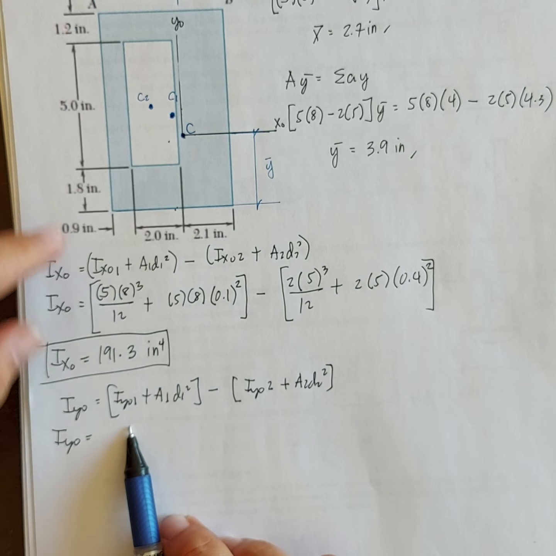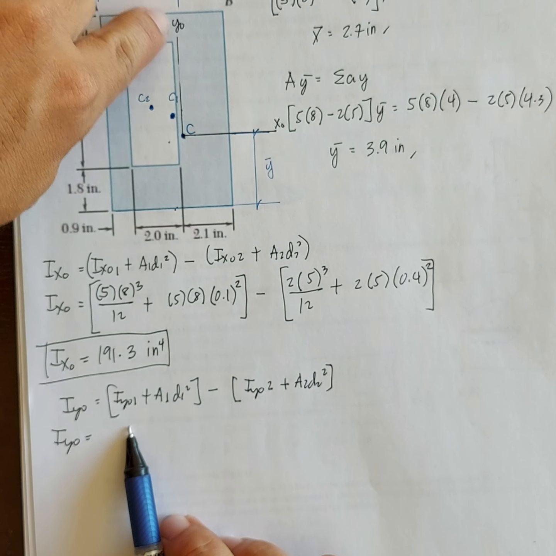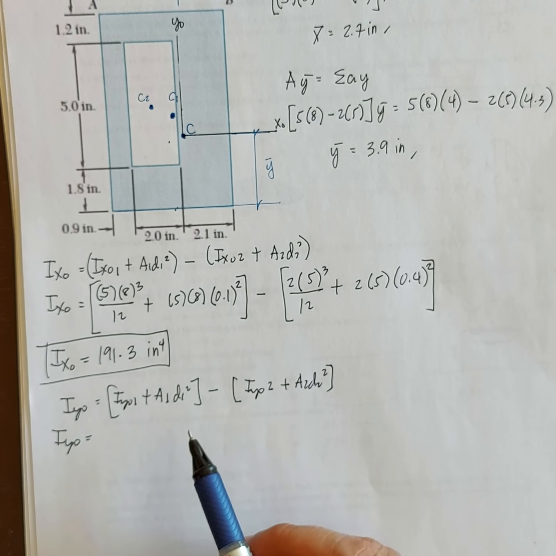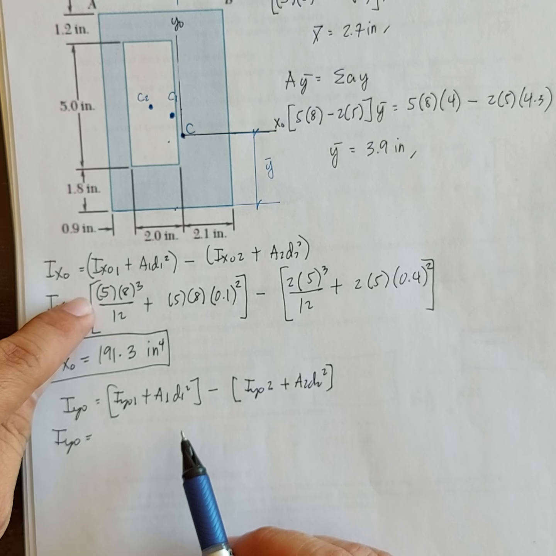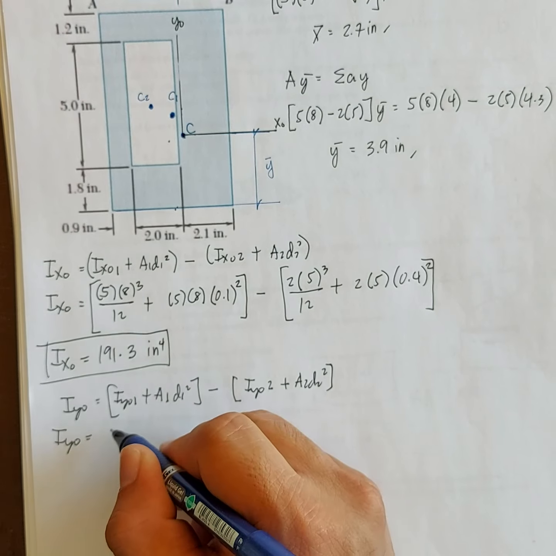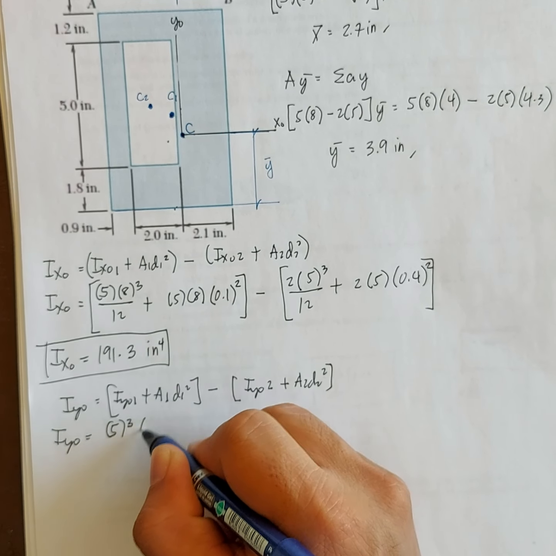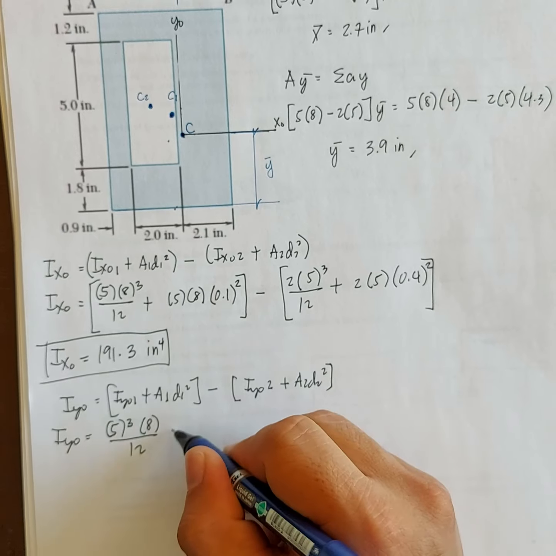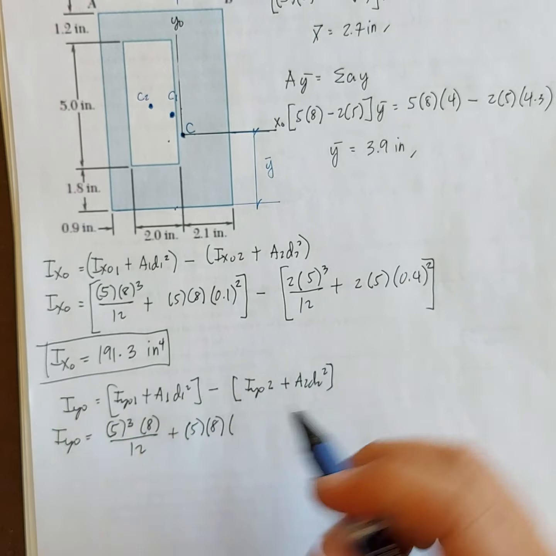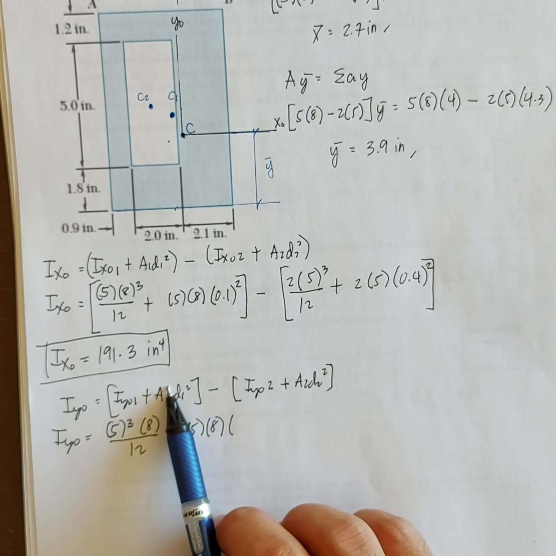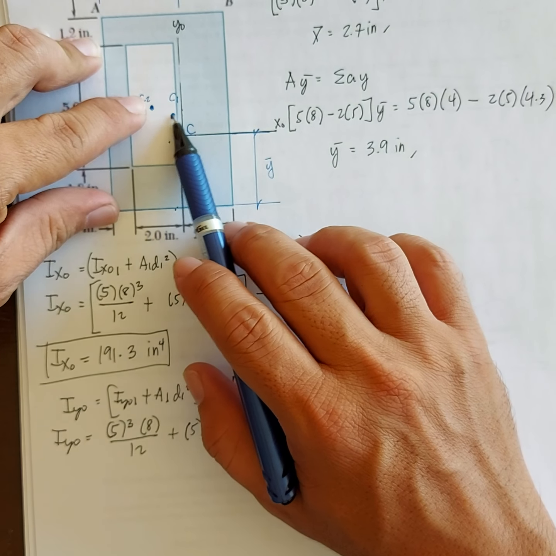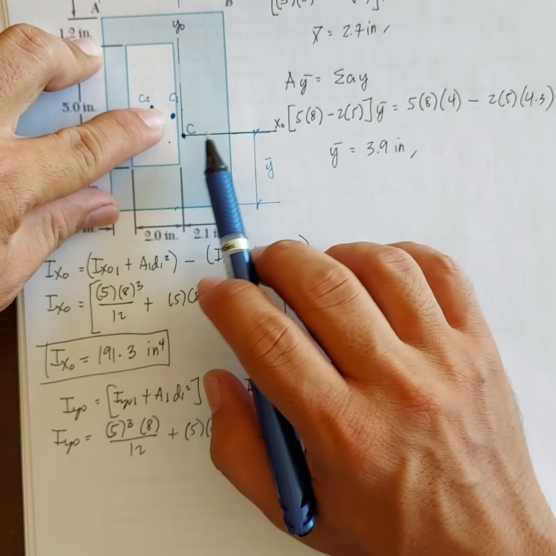So, ngayon naman sa may vertical axis tayo. Centroidal vertical axis. Baliktarin lang natin naman to, di ba? Pag sa rectangle, baliktarin lang. Yung base ang i-cube natin. So, B cube H all over 12. So, we have 5 cube times 8 all over 12 plus A D1 squared. So, 5 times 8 times... Ngayon, ang D1 natin, hindi 0.1. Iba na ngayon. Kasi, C1 to this point. So, horizontal naman yung measurement natin. C1 to C, horizontally.